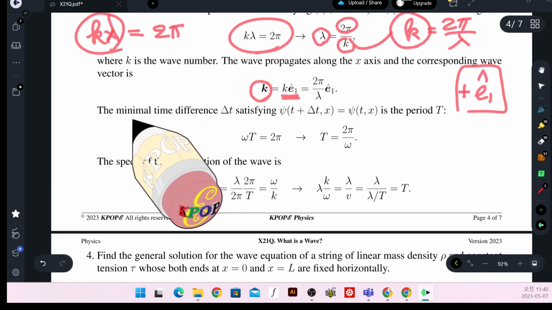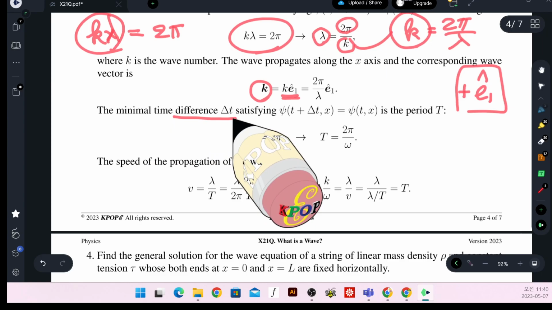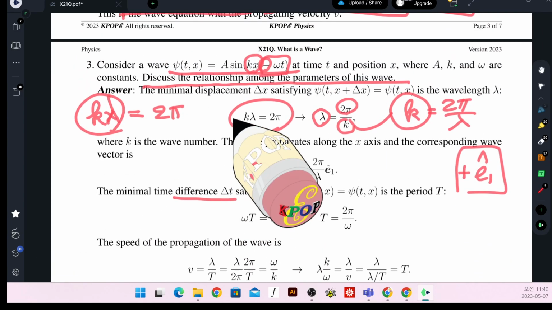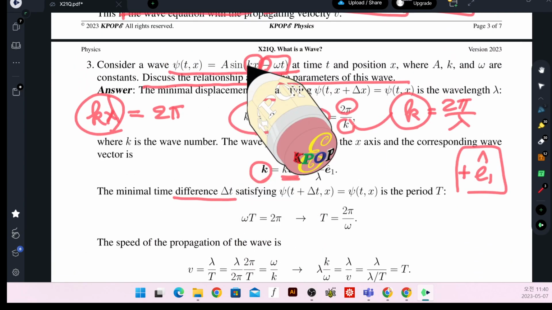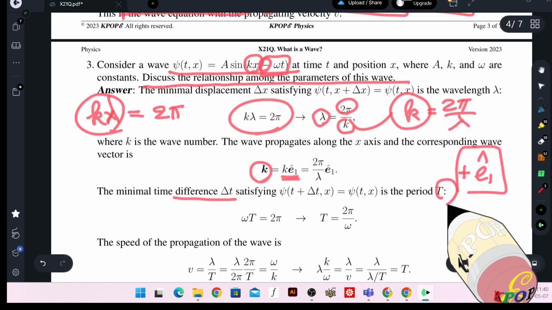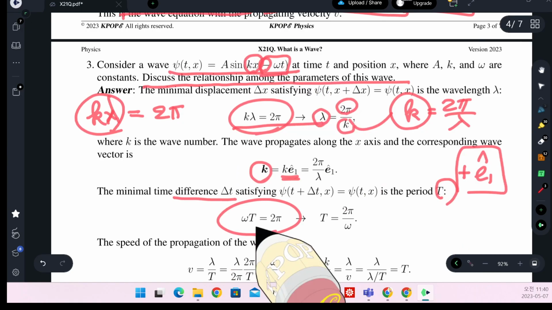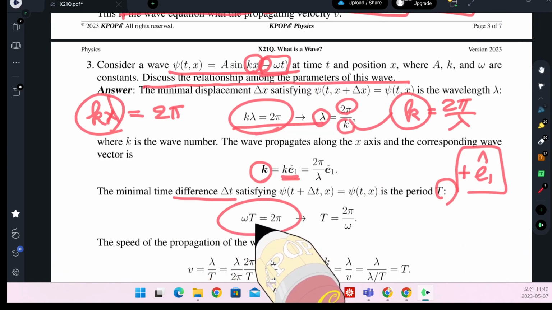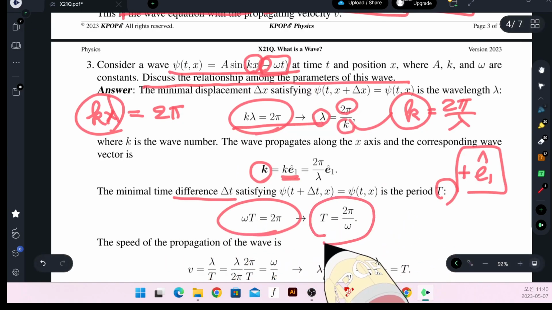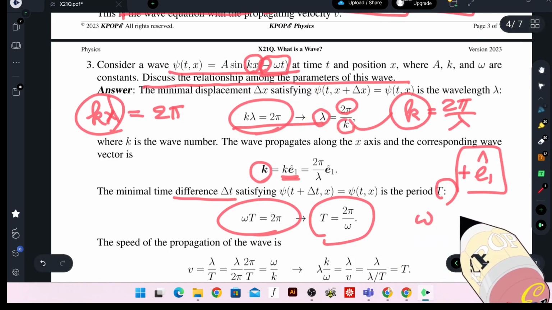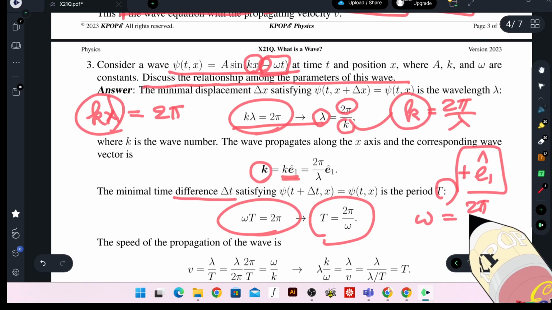The minimal time difference to return to the same value of the wave is called the period T, and in a similar manner, we can find the value of capital T expressed in terms of the frequency omega. Again, omega should be expressed in terms of 2 pi over the period.